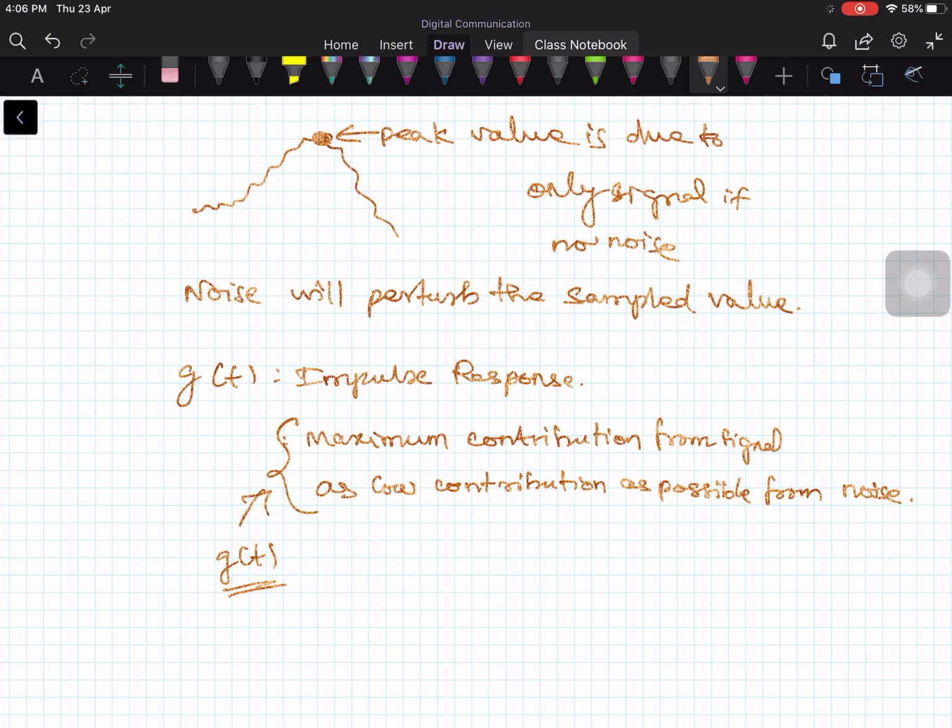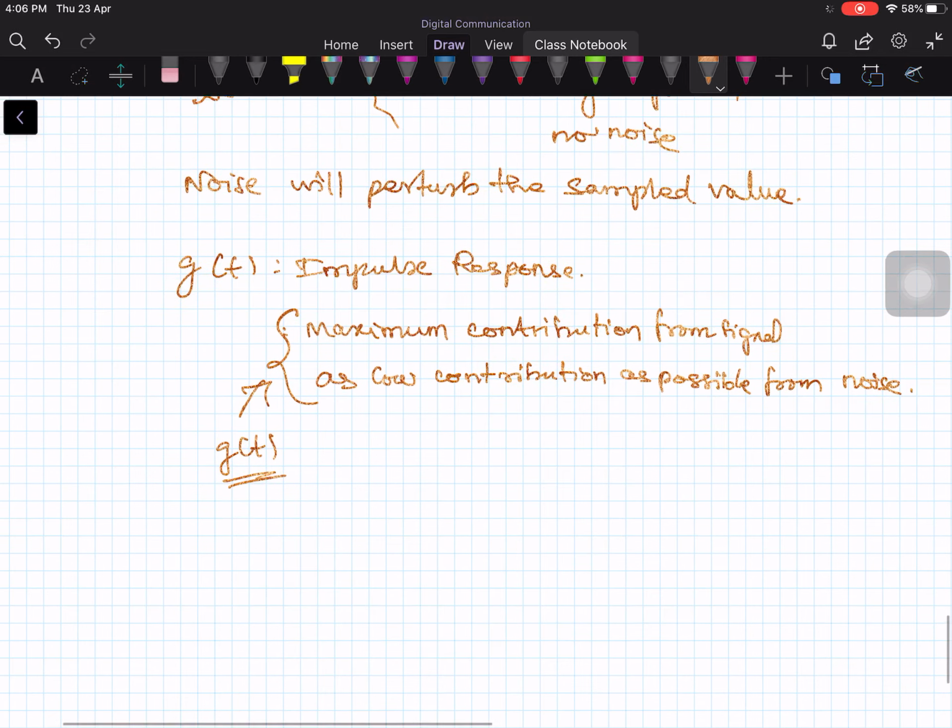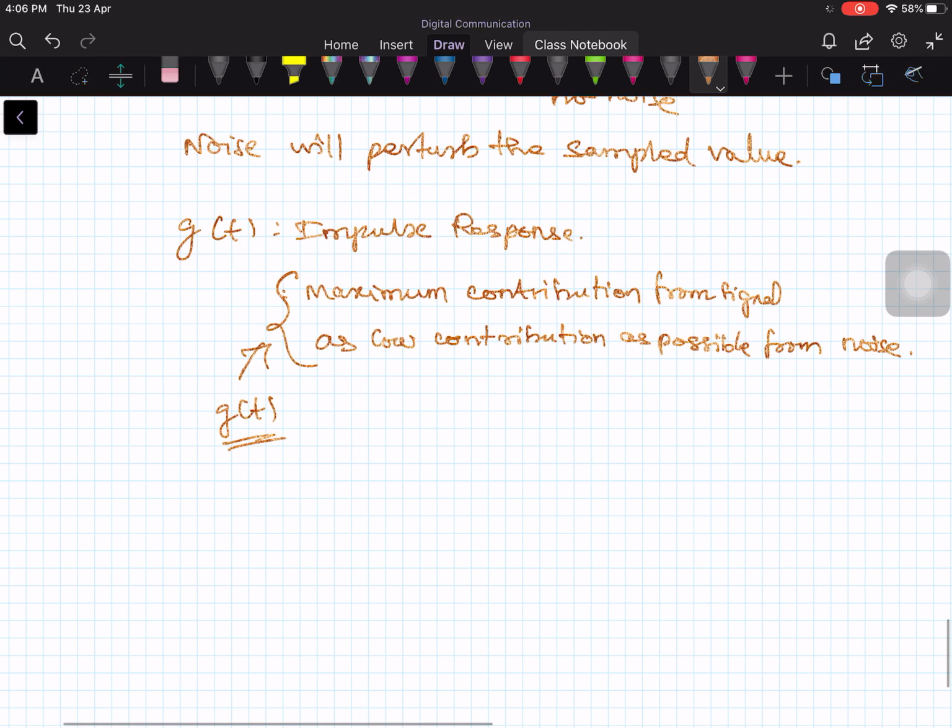So let's look at the output of the filter whose impulse response is g of t.